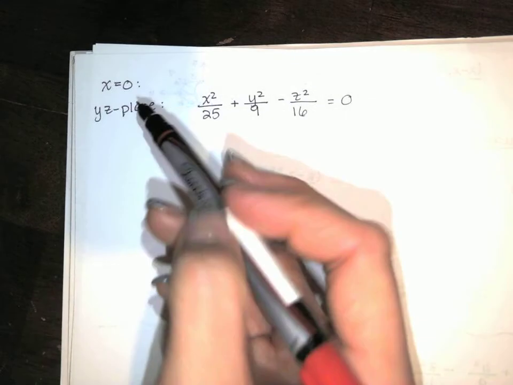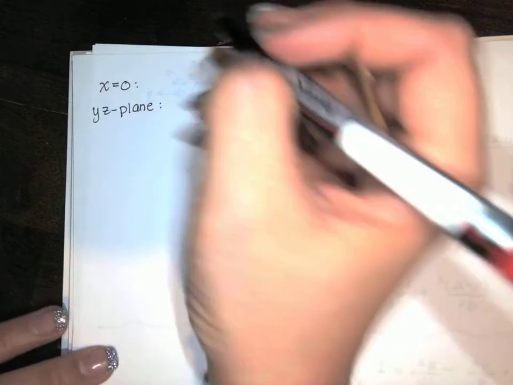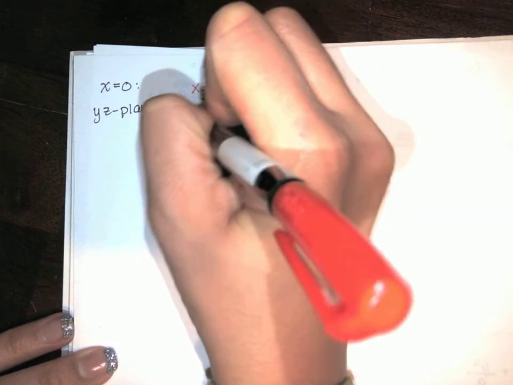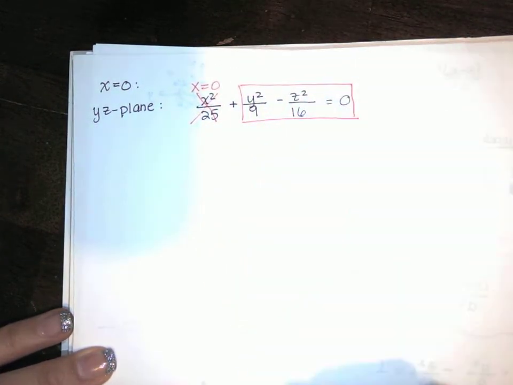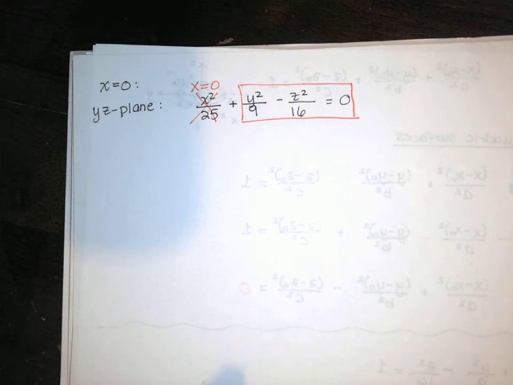Now if we're in the yz plane, x is 0, so this piece is gone, and that's our equation when we're in the yz plane. Notice I've got a positive and a negative, so that means we've got another hyperbola.